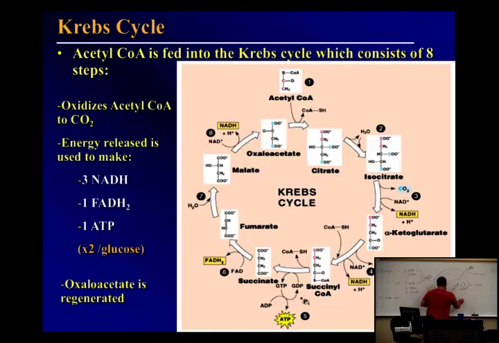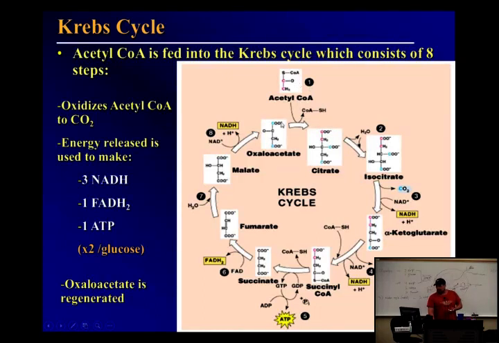So this is where we're at now, the matrix of the mitochondria. So what goes in? Two acetyl-CoAs, right, from our original glucose. Remember, it's just showing you one, but we have two still.